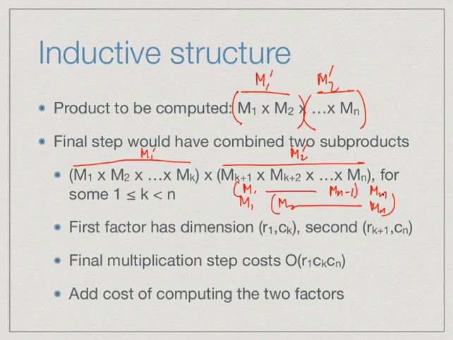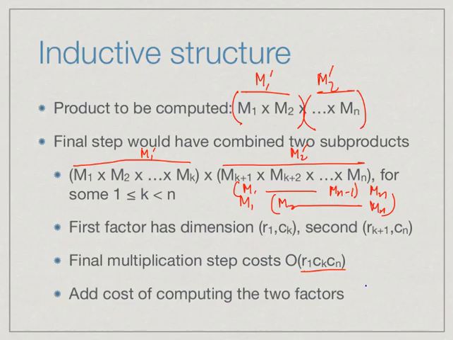The second one has rk plus 1 rows, cn columns. But we know that ck is equal to rk plus 1, so this multiplication will work. So the final computation is going to be r1 into ck into cn, that is, m into n into p: the rows, times the common number of columns and rows, times the final number of columns. So this final multiplication, we know how much it's going to cost.